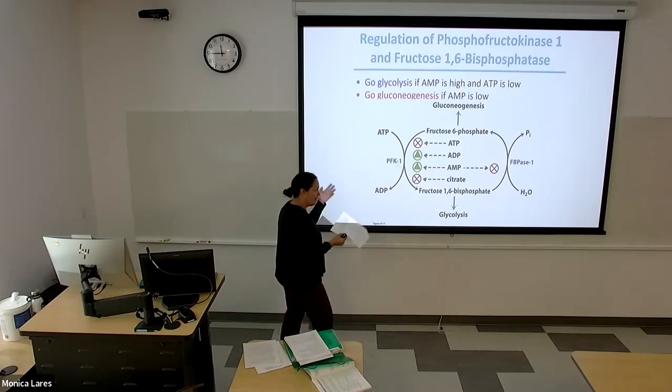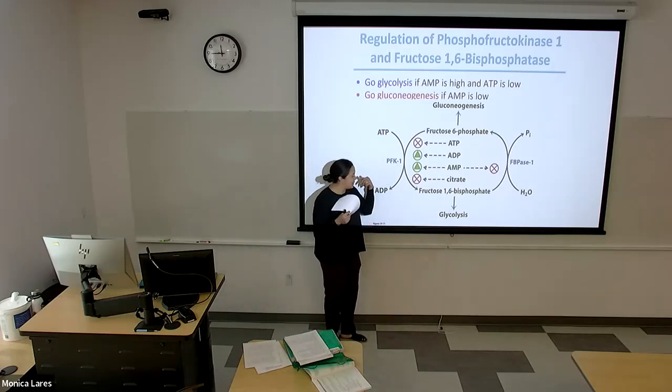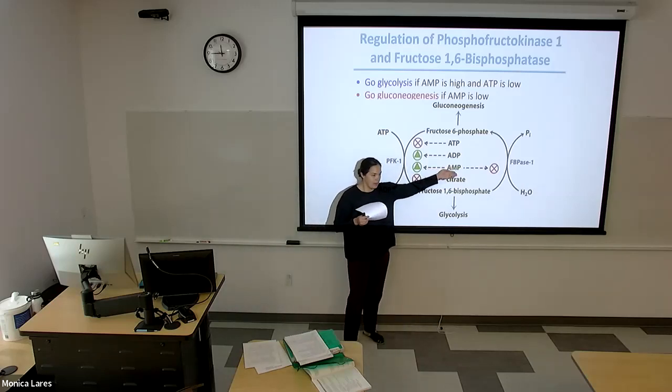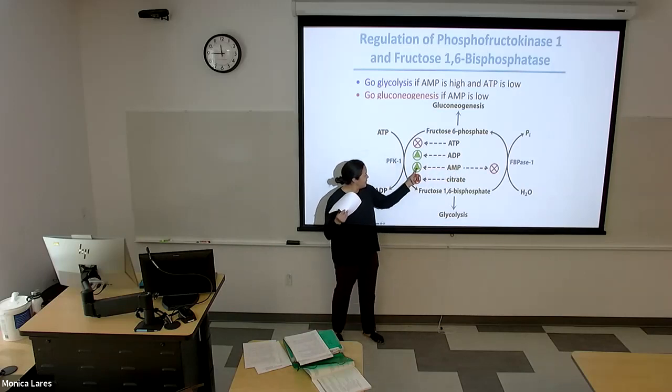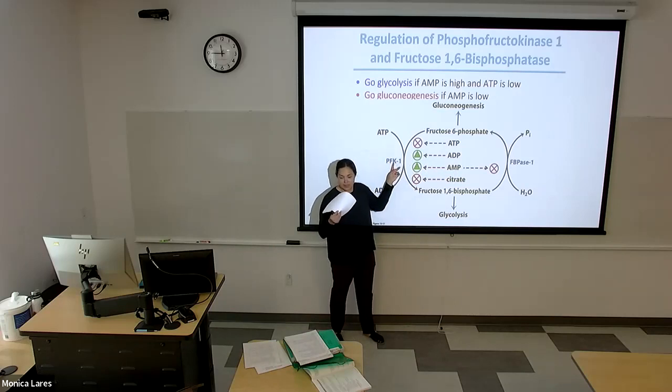Okay. And again, the thought process here is that AMP is a sign that I'm burning through my ATP. Like I'm running. I'm using up my ATP. So I need to activate enzymes that are part of pathways that produce ATP, like PFK1, because that's in glycolysis.